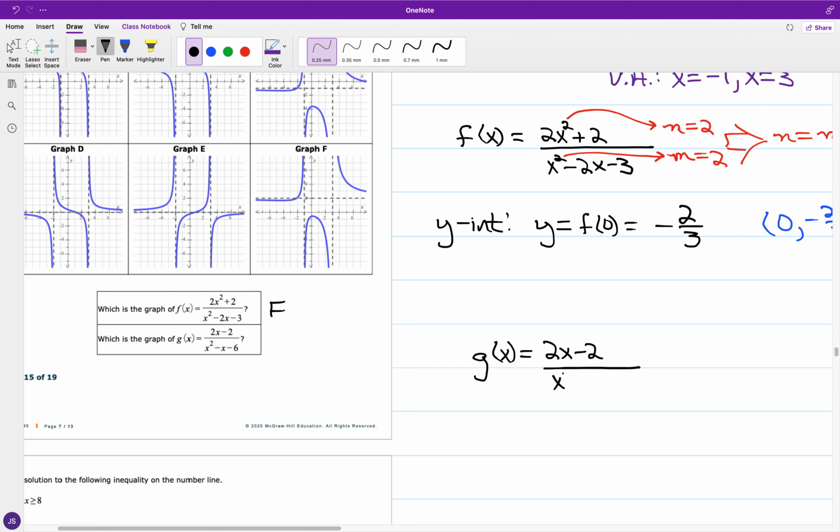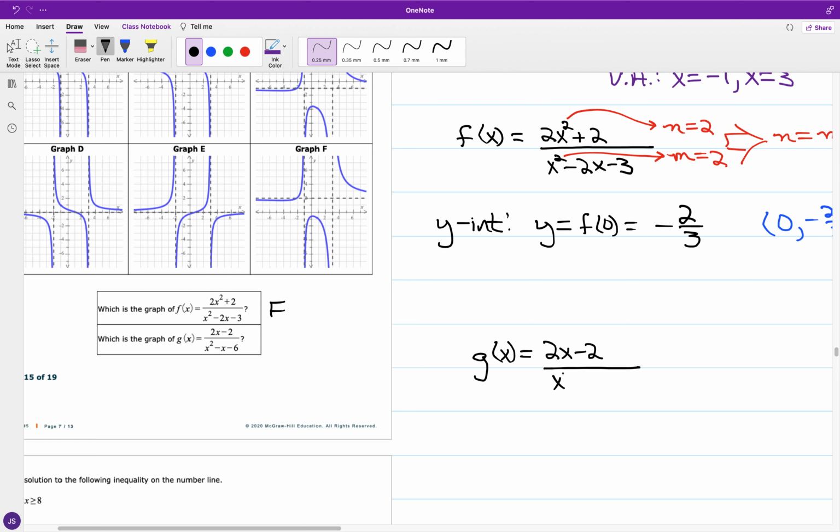For x squared minus x minus 6, so it's like we'll have x plus 2 and x minus 3. Notice we have no common variable factor between the numerator and denominator.